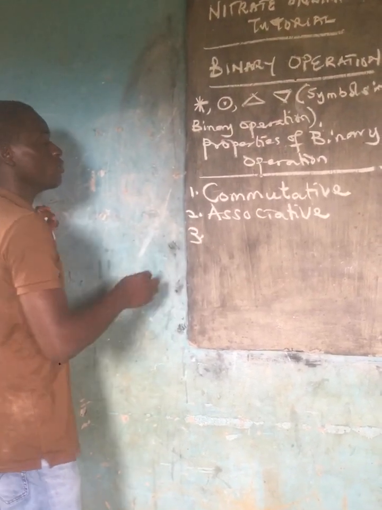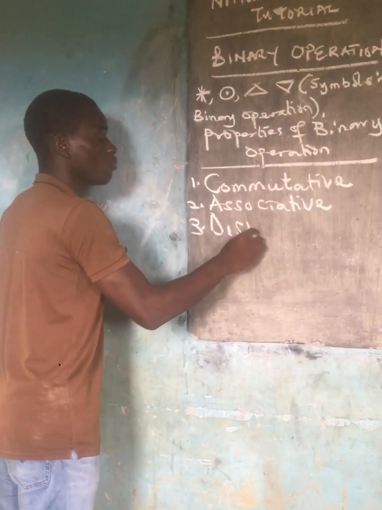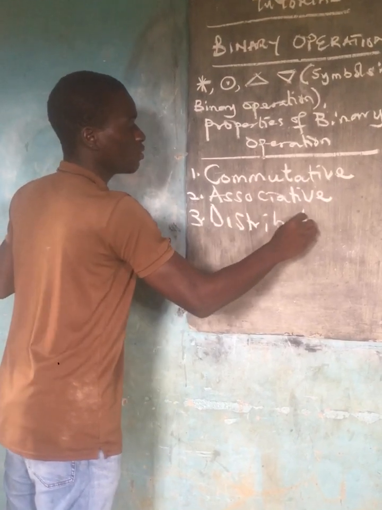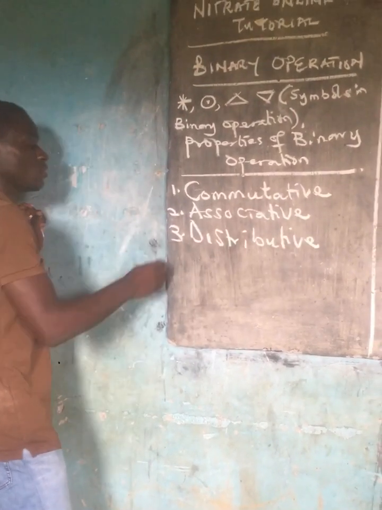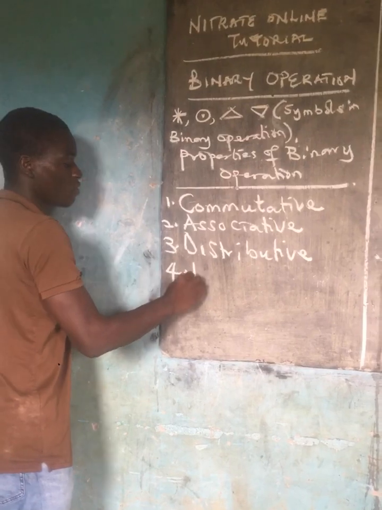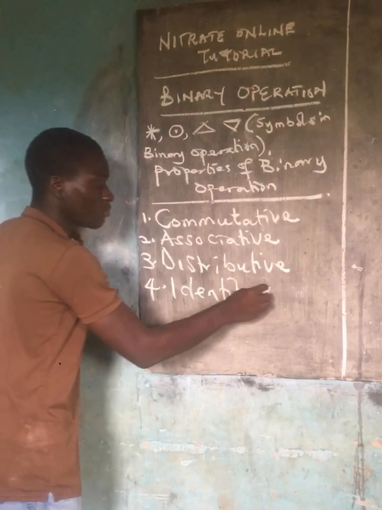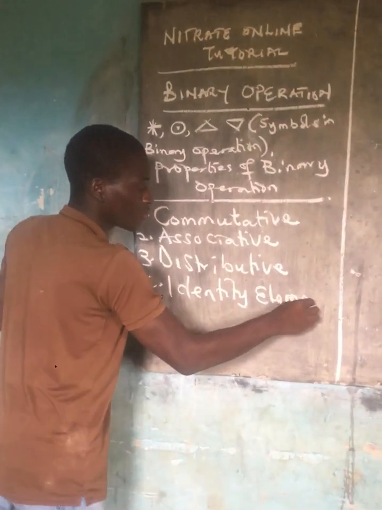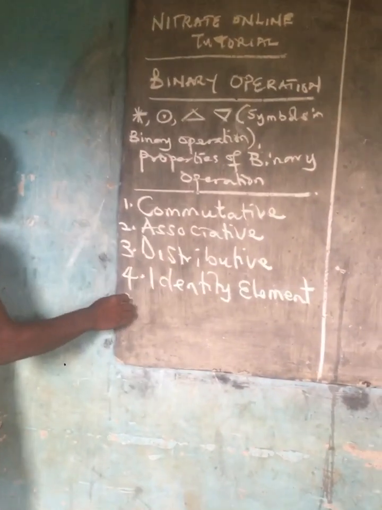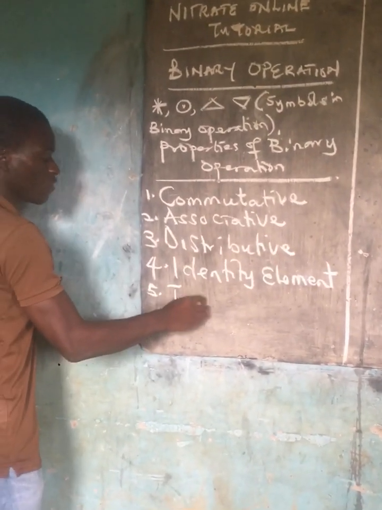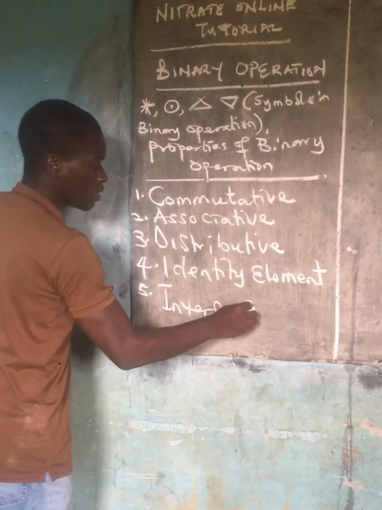Number 3, we have distributive property. Number 4, we have identity element. Number 5, we have inverse element.